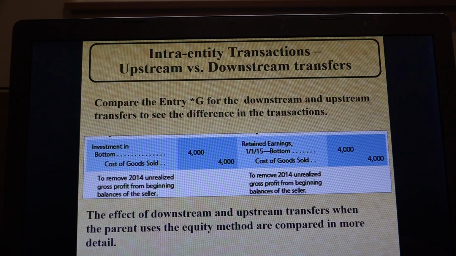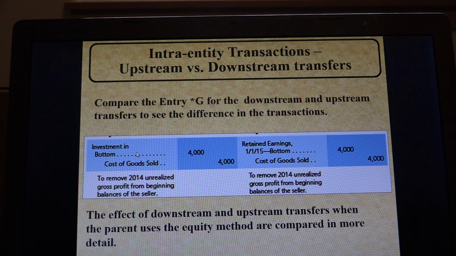So, simple difference in the downstream versus upstream, just different accounts affected. But notice in both instances, cost of goods sold is your credit.